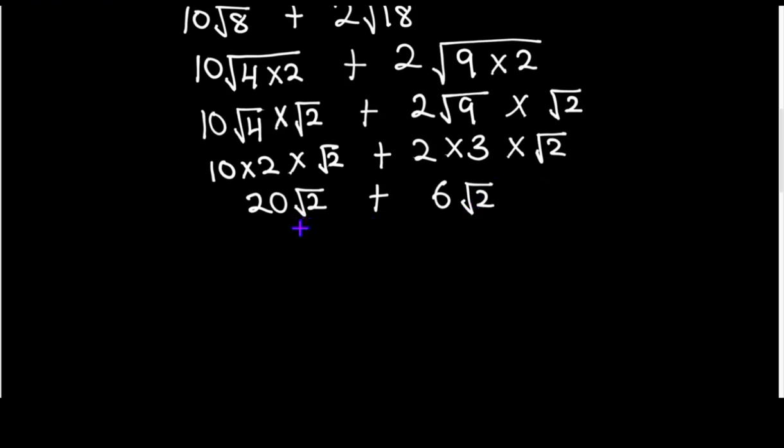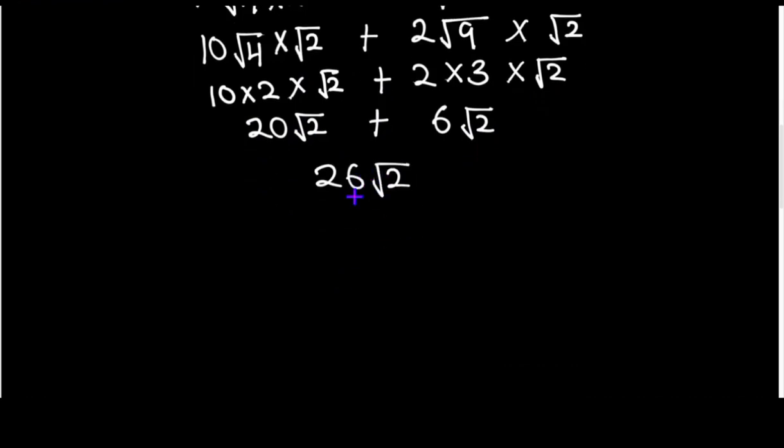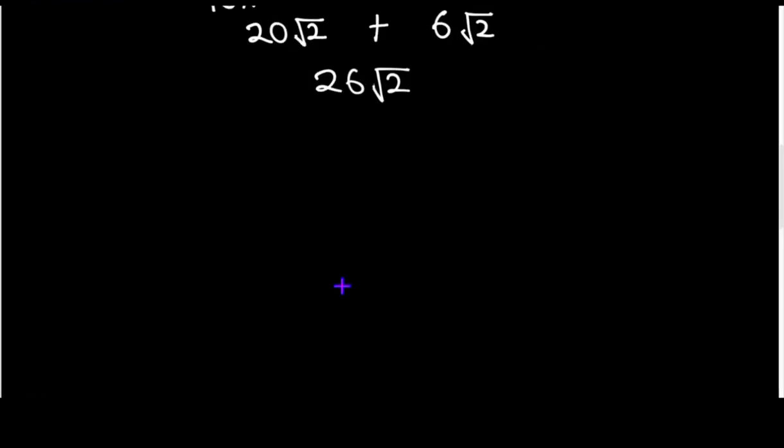Now that the radicals are the same, we can easily add the numbers in front of the roots, which gives us 20 plus 6, which is 26. And then we put the square root there, square root 2. So 26 square root 2 is the answer.